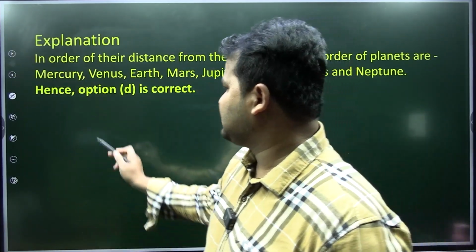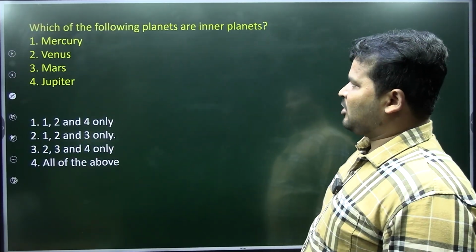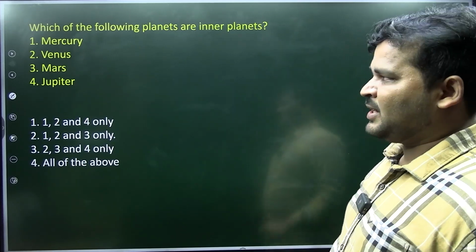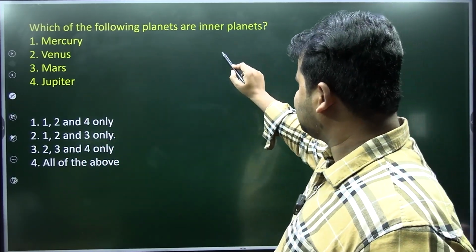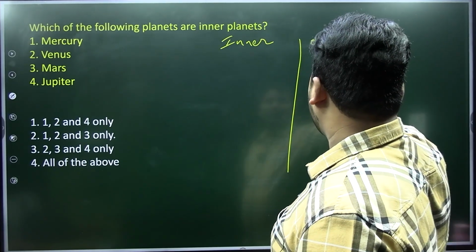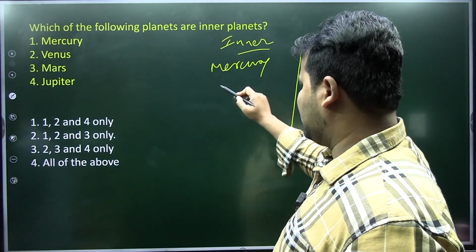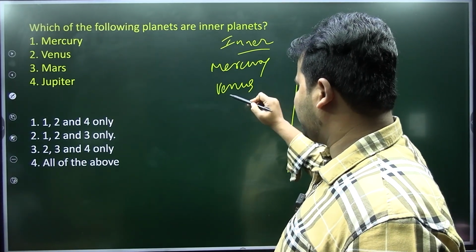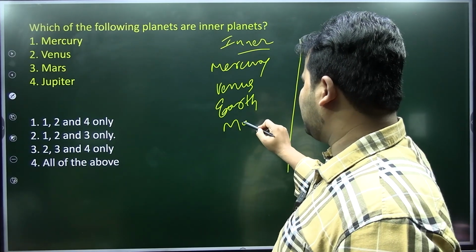Next, after that, it is explanation. And coming to here, which of the following planets are inner planets? As I discussed in the main class, there are inner and outer planets. Inner planets were Mercury, Venus, Earth, and Mars.